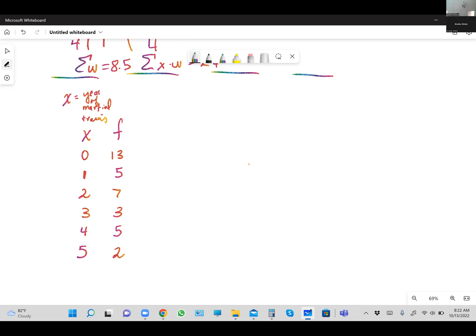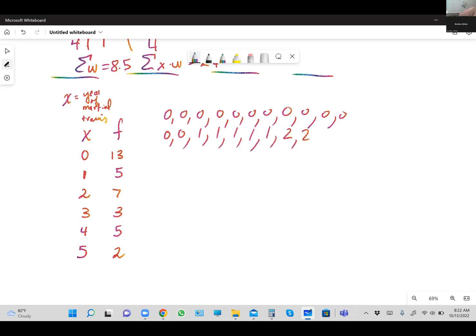And you would have to now do the mean for that. Now, the way you would do this mean is you could either go like this. You could go 0, 0, 0, 0, and so on for thirteen zeros, then 1, 1, 1, 1, 1, then 2, 2, 2, 2, 2.